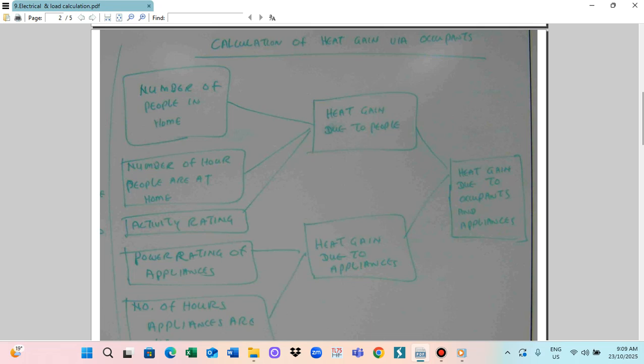So first we can calculate that. And another one: not only the people, but in the building we also have appliances. So the appliance power rating affects the heat gain. So this is the power rating of the appliance. And another one is the number of hours the appliance is used.